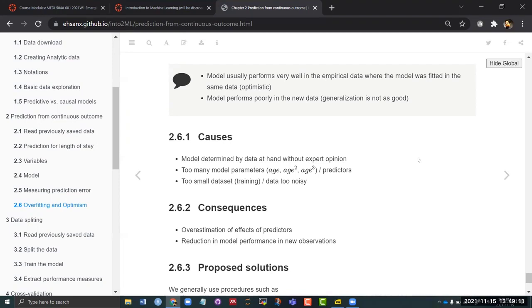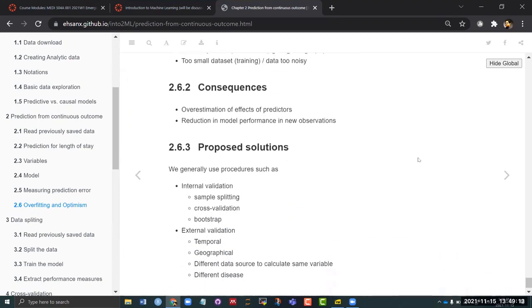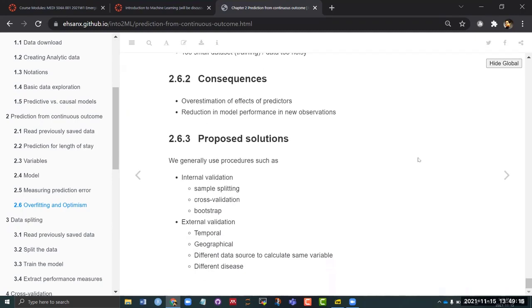To remedy that problem, there are some techniques available. If you just have access to one data set and you can't bring in new data, which is usually the case in many scenarios, then all you can do is internal validation.